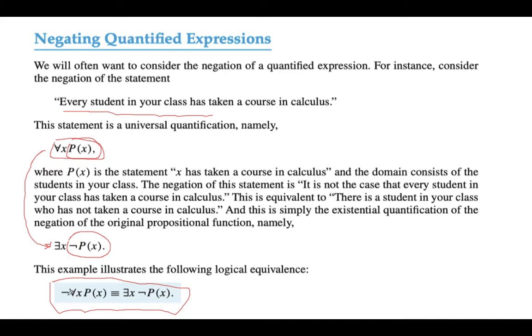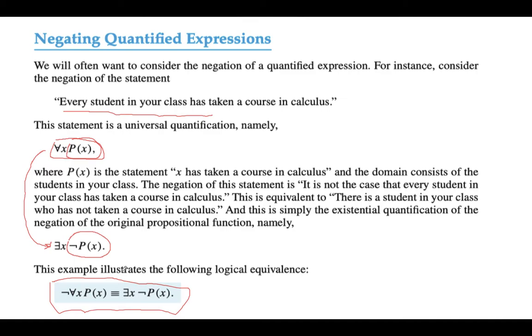So if you negate the statement that all students in the class have taken the course in calculus, we say not every student in your class has taken a course in calculus. No, not everyone, but some. So these two are logically equivalent.